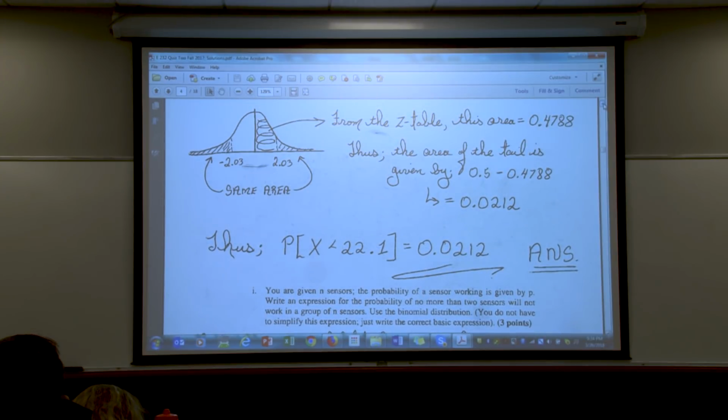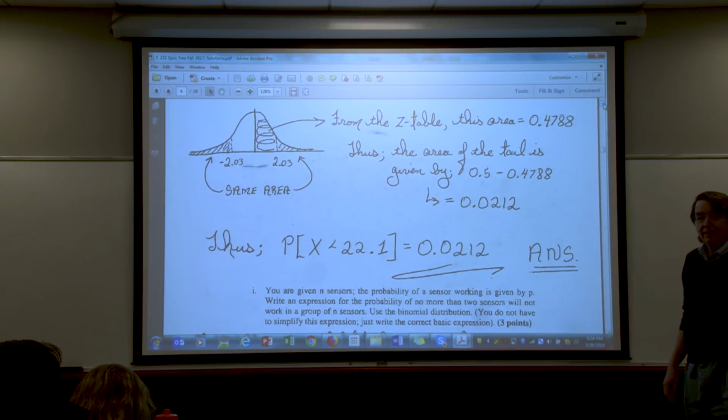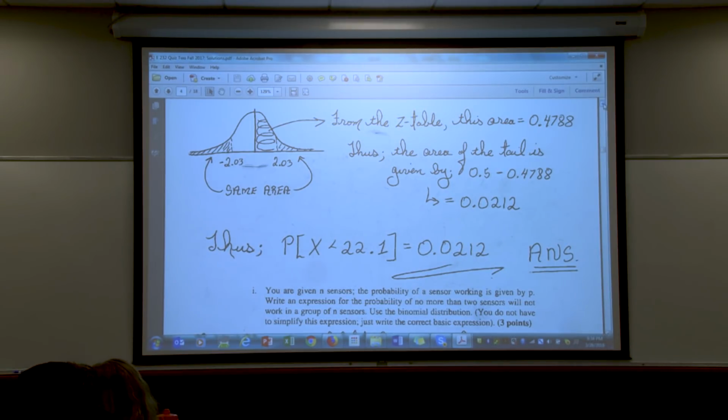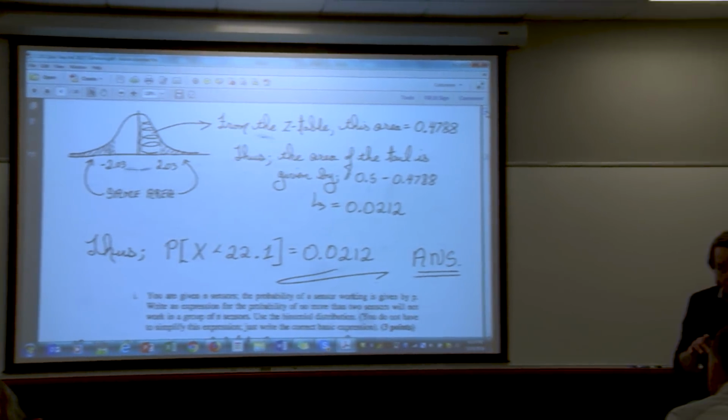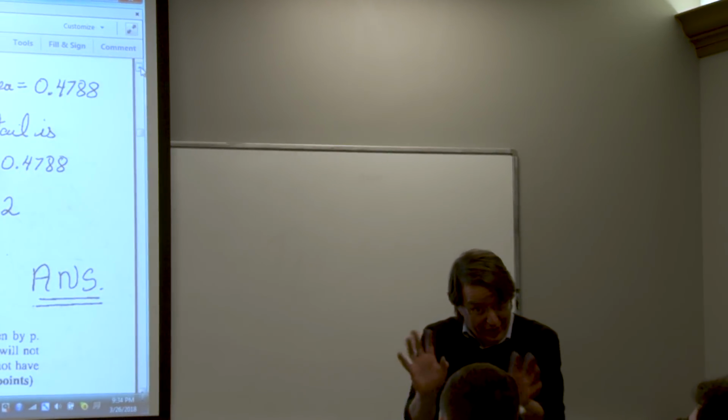You are given n sensors. The probability of a sensor working is p. Now, the hardest thing about these problems for me, Justine, is I got to read them very carefully. The theory is not the problem. It's the reading of the words to make sure I got the right understanding.